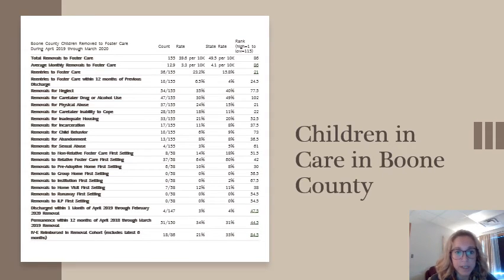Now, when I mentioned the sexual abuse, abandonment, child behavior, incarceration, inadequate housing, physical abuse, caregiver drug and alcohol use, all of those are on the ACEs, which is the adverse childhood experiences, and that's how we can measure to see a child's trauma.